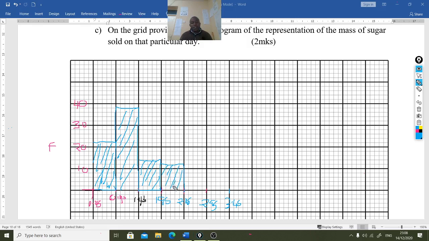Now the next is a frequency of 10, which will be exactly here. Draw using a straight line. The next is a frequency of 4: 1, 2 will represent 4, the first two divisions.